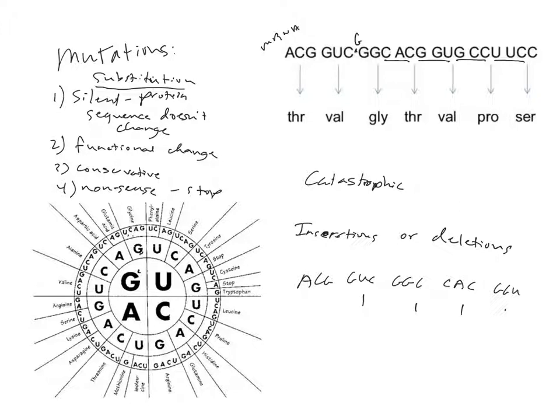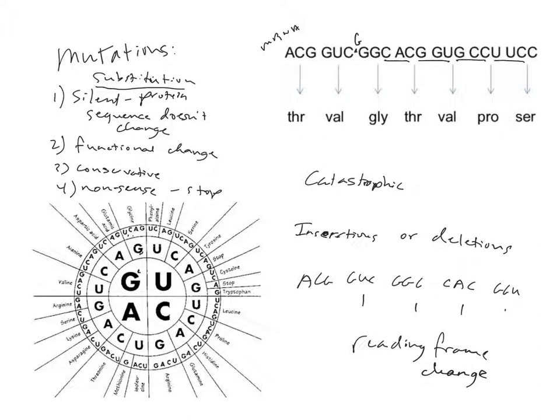And so that also, by altering the reading frame, that insertion is a catastrophic change as well. So any insertion or deletion is always going to alter the reading frame as long as there's only one or two nucleotides added or removed, and that causes major issues.